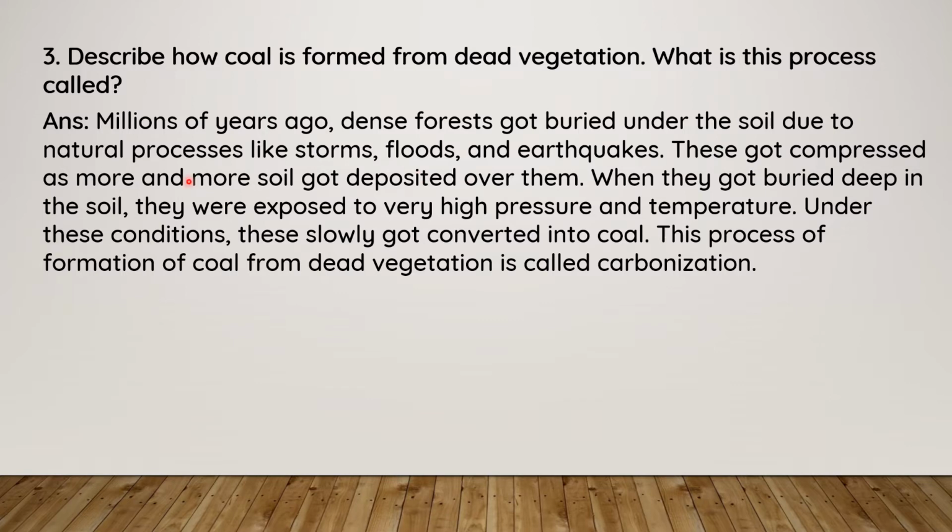These got compressed as more and more soil got deposited over them. When they got buried deep in the soil, they were exposed to very high temperature and pressure. Under these conditions, these slowly got converted into coal. This process of formation of coal from dead vegetation is called carbonization. So write this question and answer in your notebook.